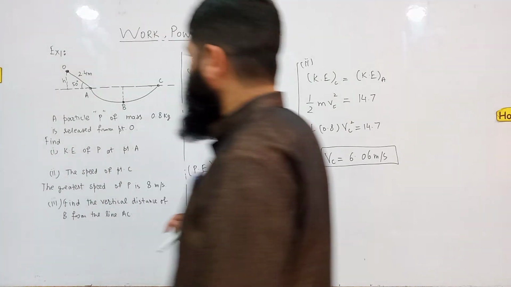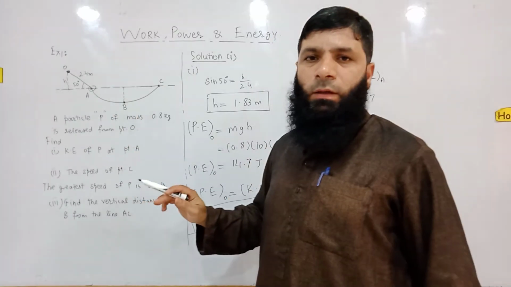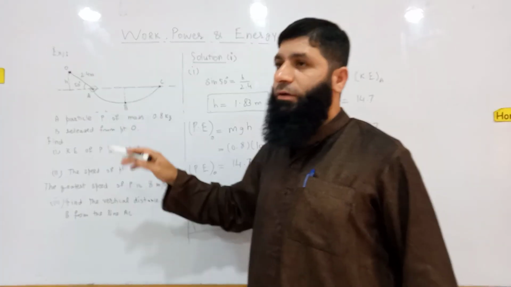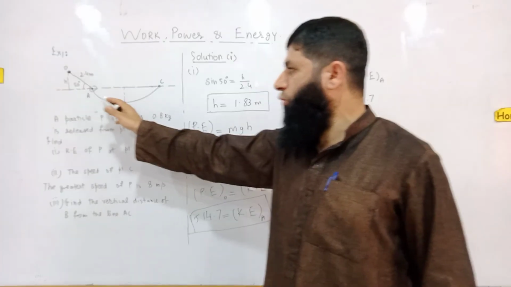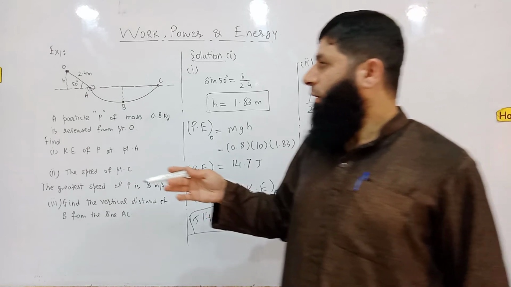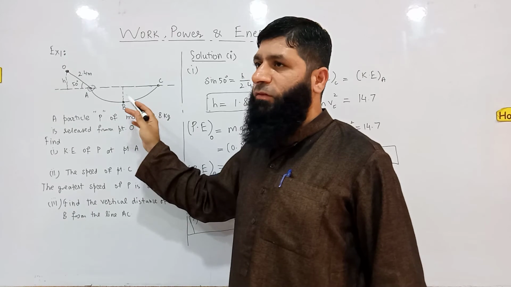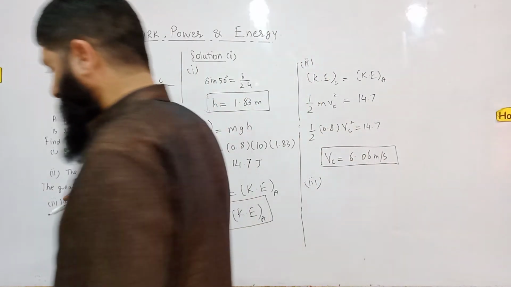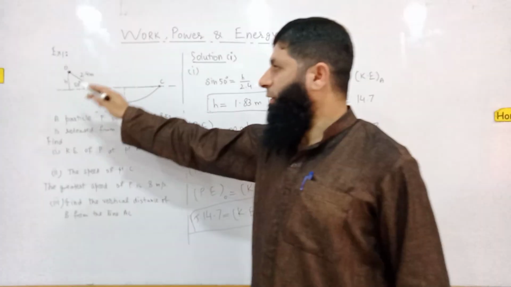If we release this particle from point A, then coming to this point, the kinetic energy of this particle will increase, because from point A to point B the velocity of this body is increasing. And if kinetic energy is increasing, then there will be a loss in potential energy, because height is decreasing.